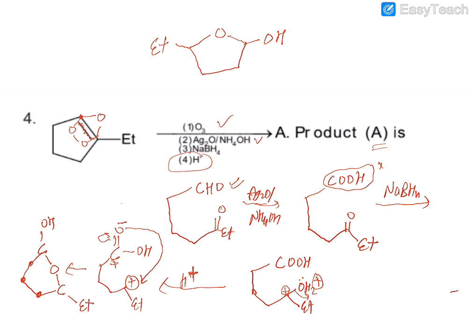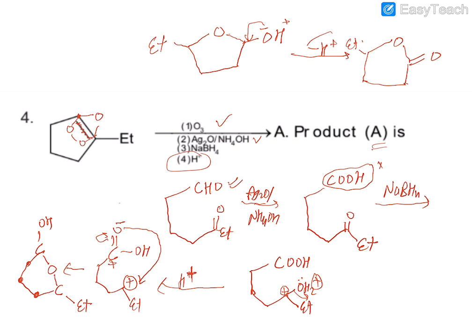Now H plus is removed as a catalyst on heating, so it creates a double bond and the product is an ester, right? But students, it is made by the release of H plus ion. Okay, thank you.